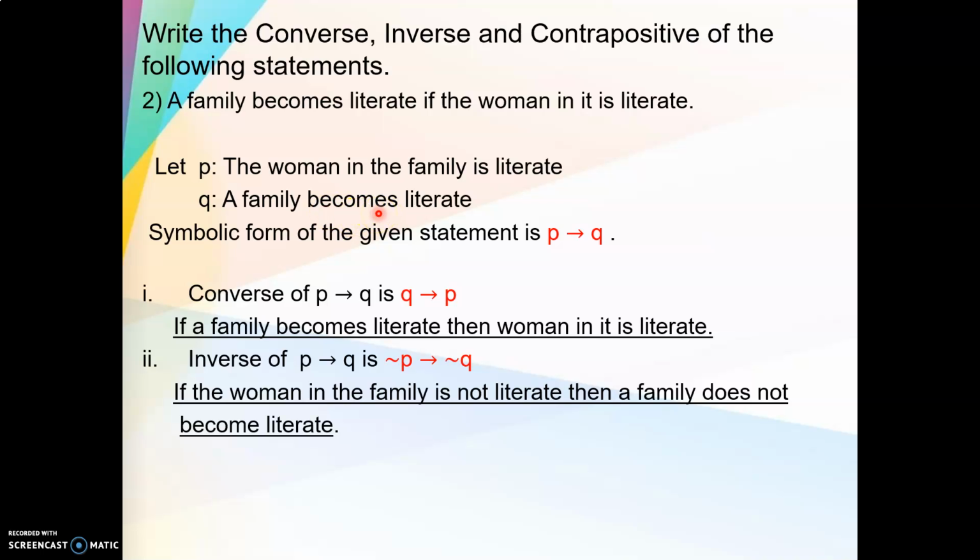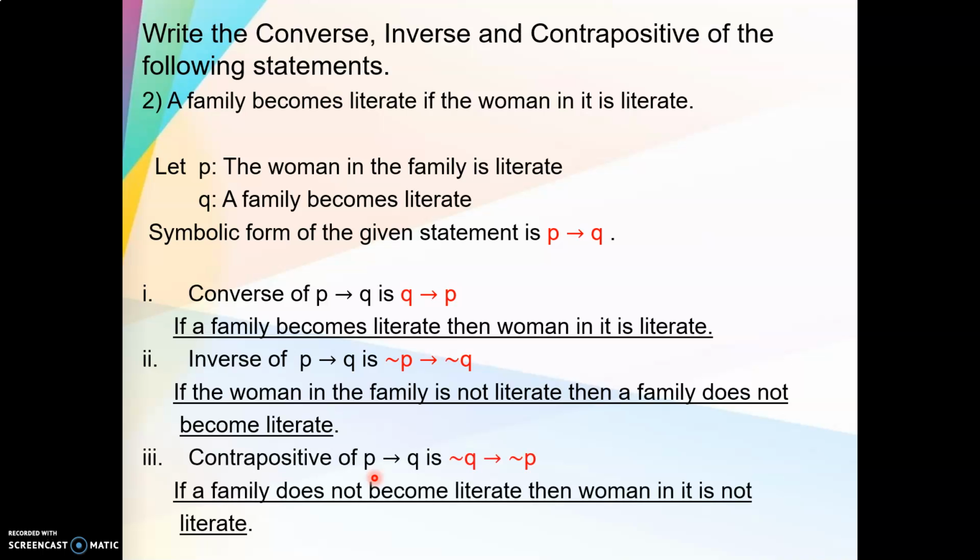Here it is simple present, so does is the word here. So, does not become literate. Next is the contrapositive of P implies Q, which is negation Q implies negation P. So, if a family does not become literate, then the woman in it is not literate.